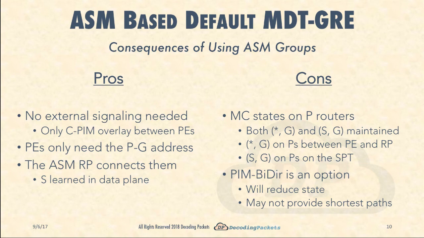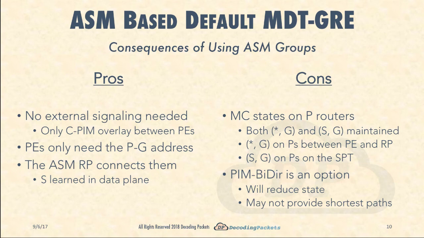The consequence of this is that every single provider router that sits in the path between the rendezvous point and the receiver, load balancing aside, will have to maintain the star comma G state, and it will have to be refreshed.